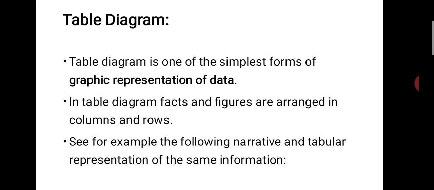Here is an example of a table diagram in your textbook. A table diagram is one of the simplest forms of graphic representation of data. In a table diagram, facts and figures are arranged in columns and rows. See, for example, the following narrative and tabular representation of the same information.